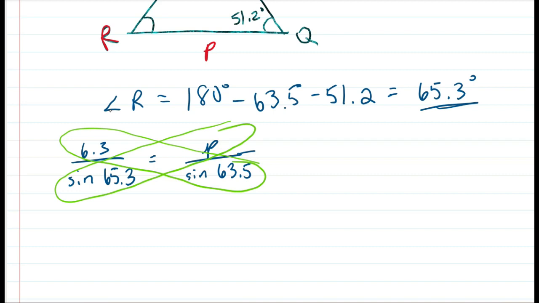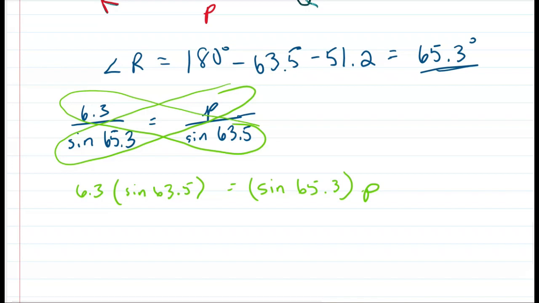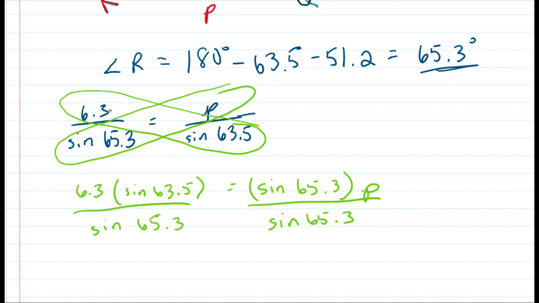That gets us 6.3 times the sine of 63.5 equals the sine of 65.3 times P. Then dividing both sides by the sine of 65.3, that leaves us with P, because the sine of 65.3 cancels out.